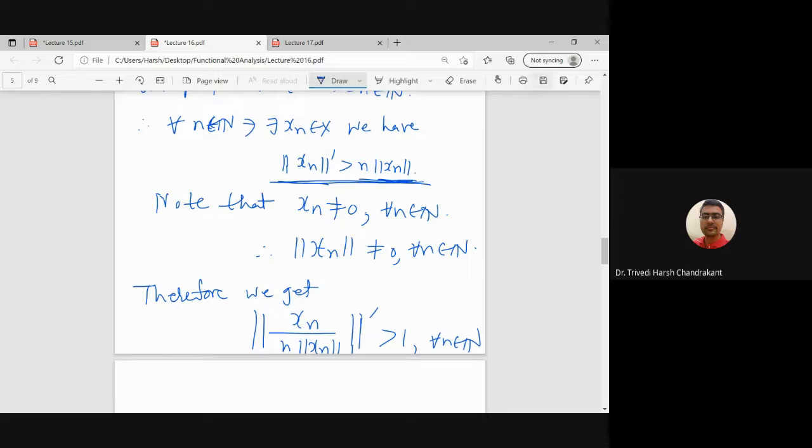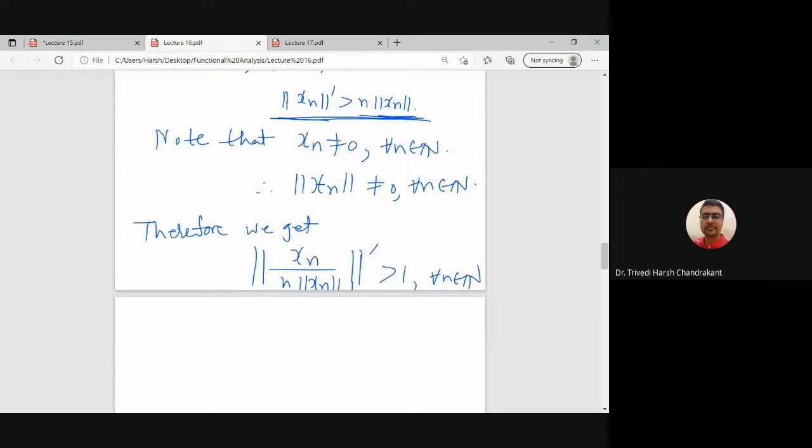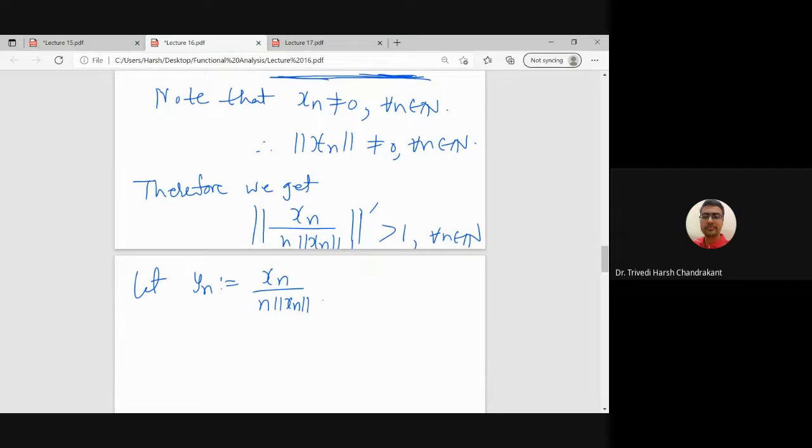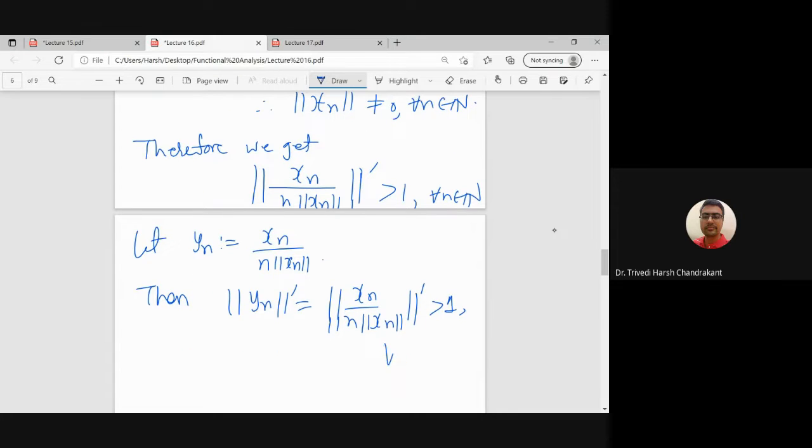So these elements, xn divided by n times norm xn, we call them yn. Then what we get is the norm of yn in the dash norm will be greater than 1 for every n belongs to N.